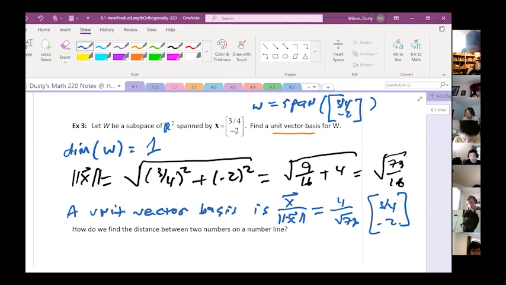Sweet. All right. This particular example is kind of sort of boring, but it gives you a hint of where we're going. So finding a unit basis. So notice dot products or inner products are nice for finding things that are perpendicular. So here we can find unit vectors and we can find when things are perpendicular.